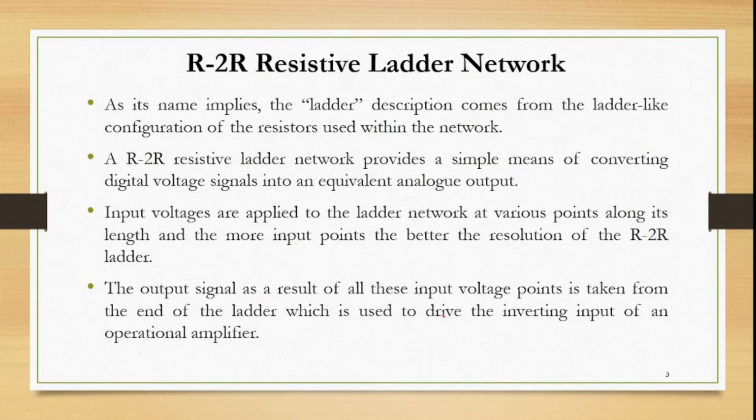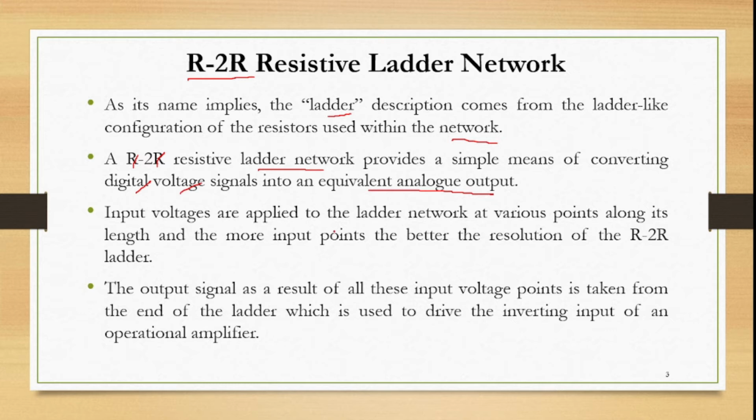In the R to R resistive ladder network, the ladder means a network of R and 2R resistors. Finally we get the output voltage, which is the equivalent of the digital voltage signals.